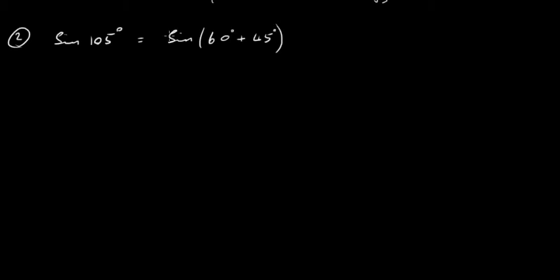So really this again is just sine of A plus B, and we have a trig identity for that. We know that sine of A plus B is equal to sine A cos B plus cos A sine B. So we can use that here.